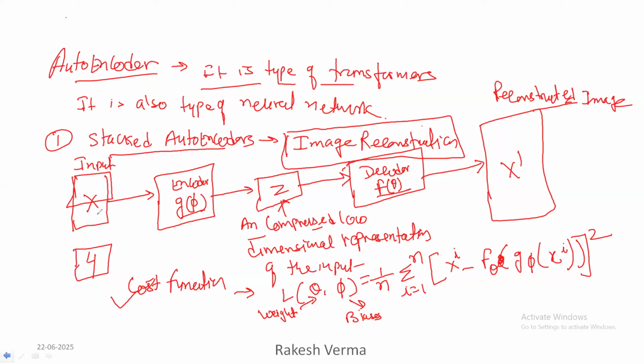Another one is the denoising autoencoder, the second category of autoencoder. The denoising autoencoder is used to improve the quality of noisy images, like blur images.